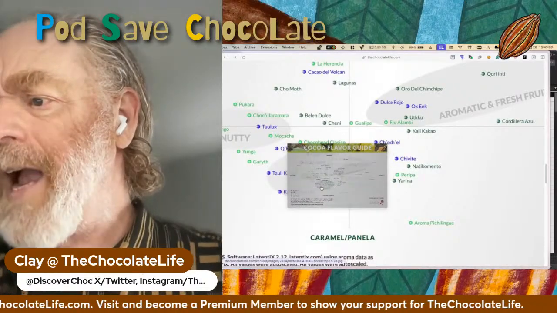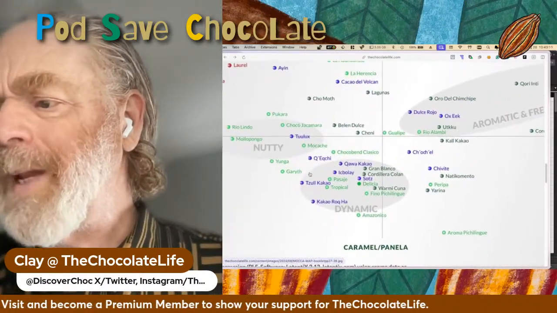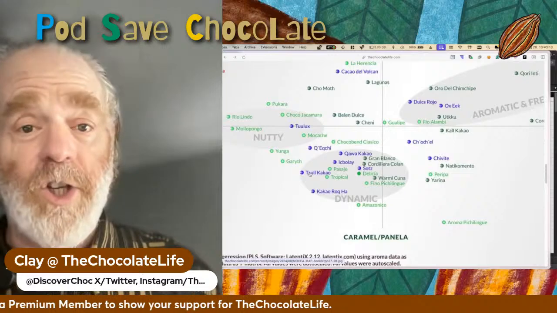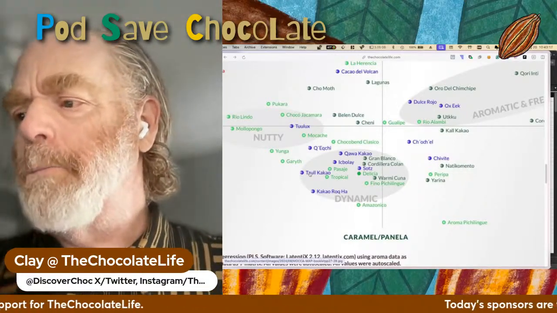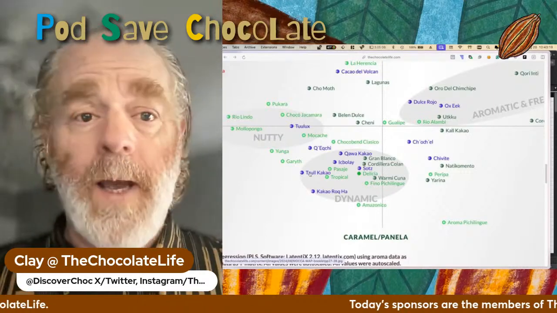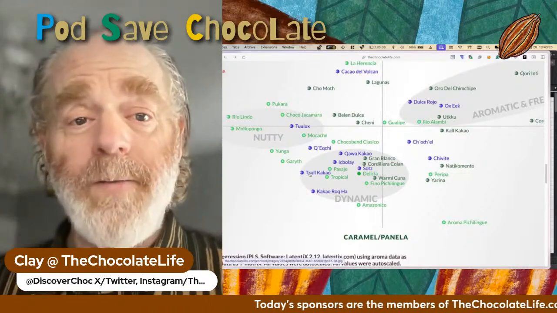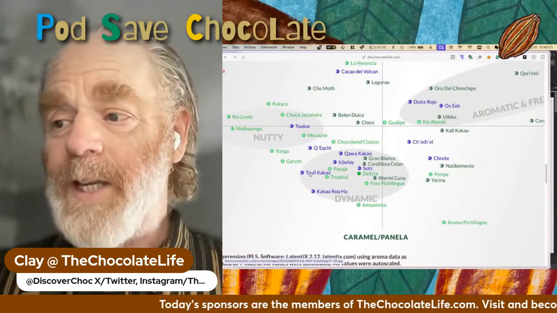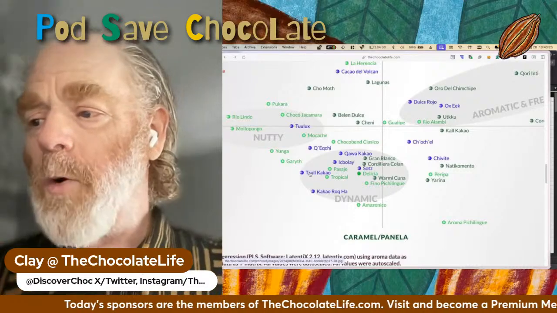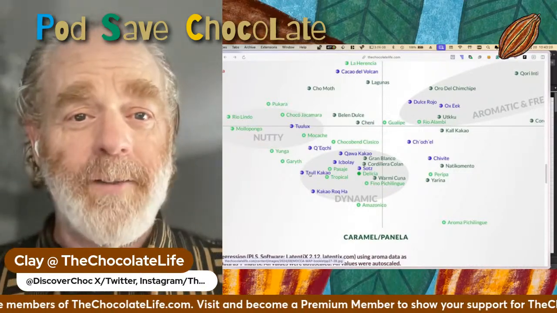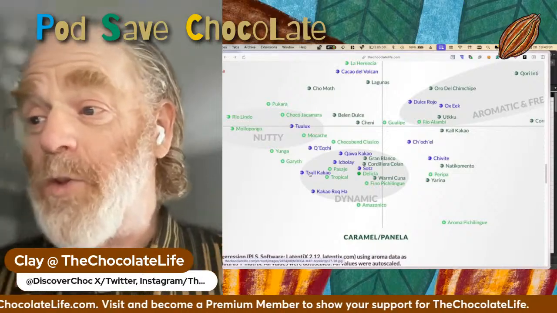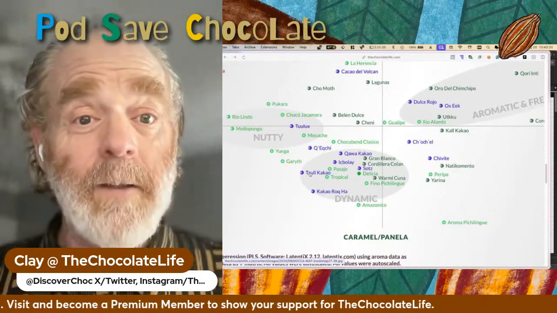What this suggests is that I could take beans from any of the cooperatives represented here and create a very, very similar tasting chocolate. And so this could be a guide to blending, right?